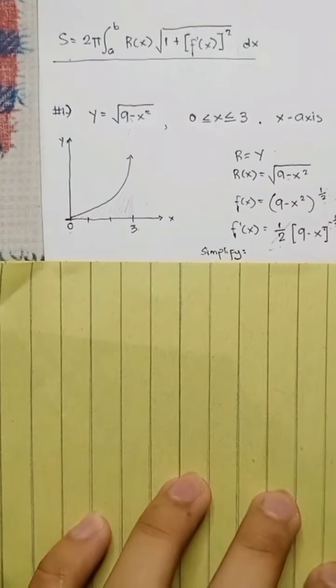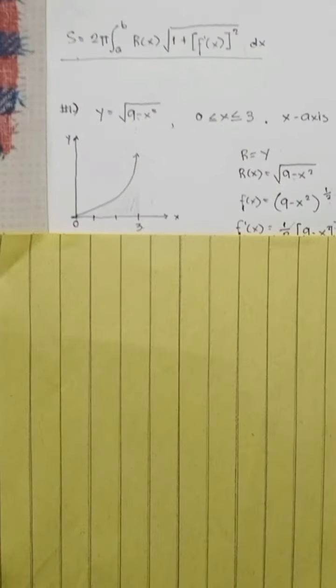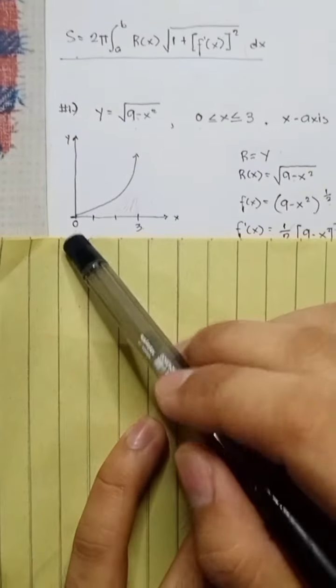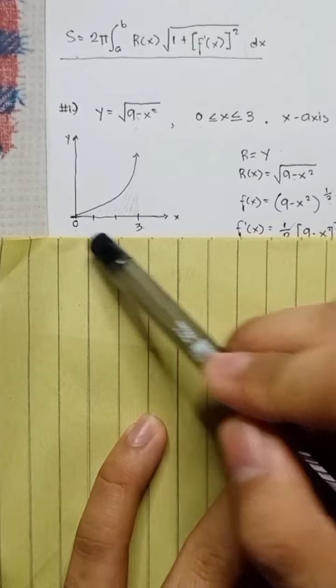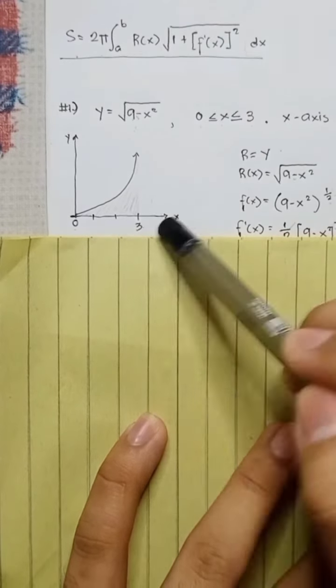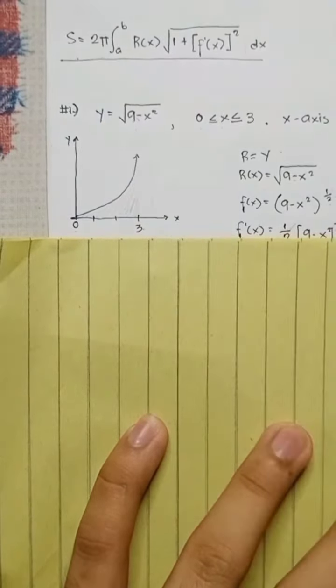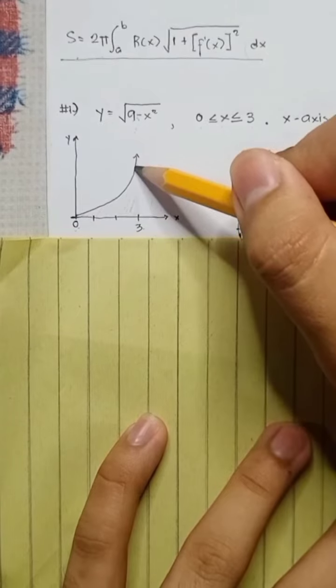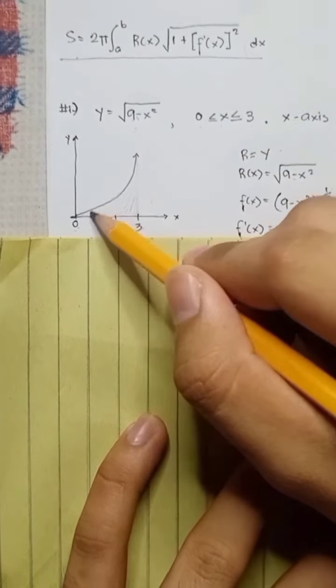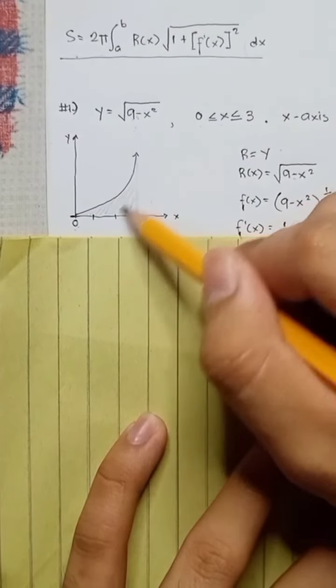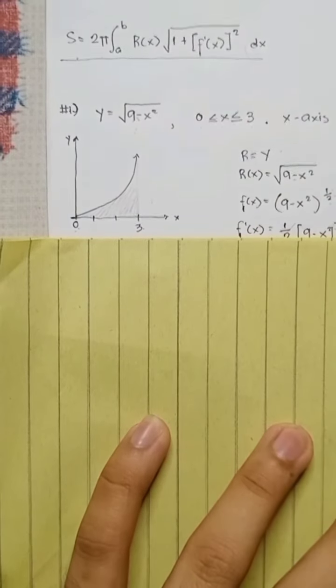So, ito yung graph natin. Ito yung 0 to 3 na bounded natin. Paangat siya. So, yung total area na hahanapin natin dito is from 0 to 3, din yung arc. Itong shaded na to, ito yung total area na hinahanap natin.